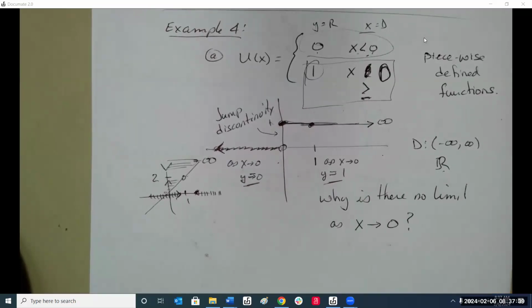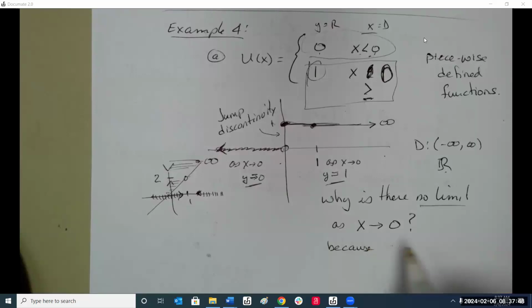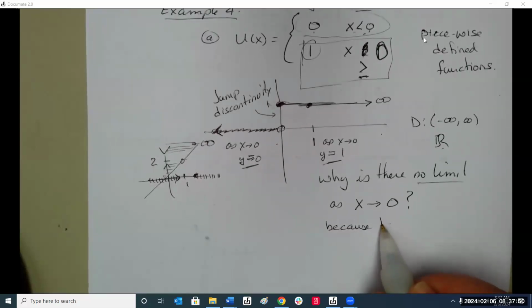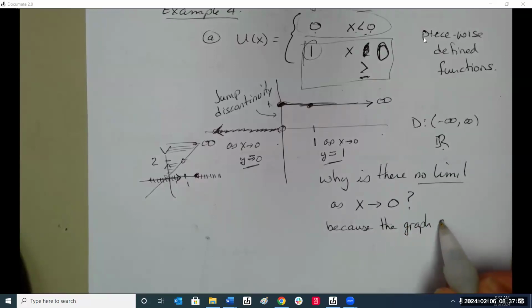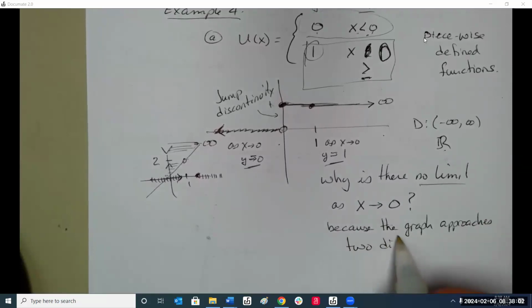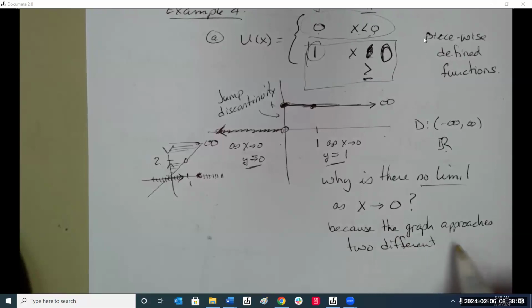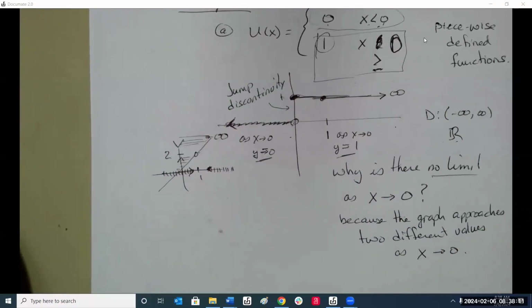No. Since they're not the same, the limit doesn't exist. That's why there's no limit, because the graph approaches two different values as x approaches 0.